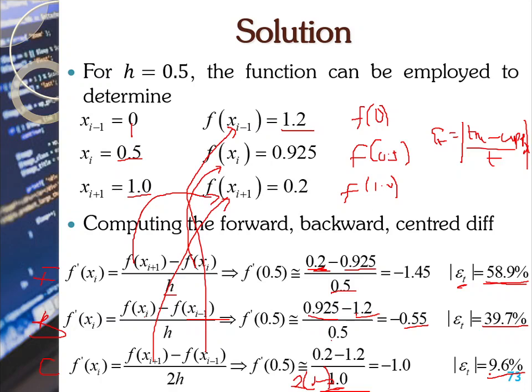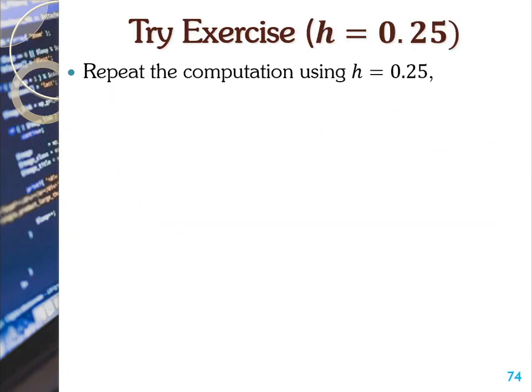So let's try to demonstrate that. Because we are halving our step size, our h will be reduced from 0.5 to 0.25. Let's see the outcome of that.